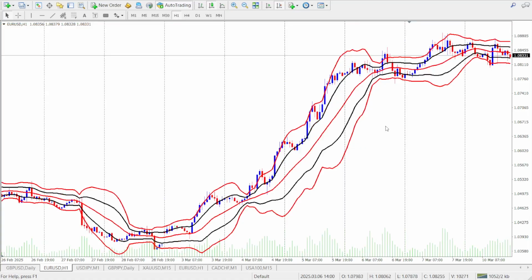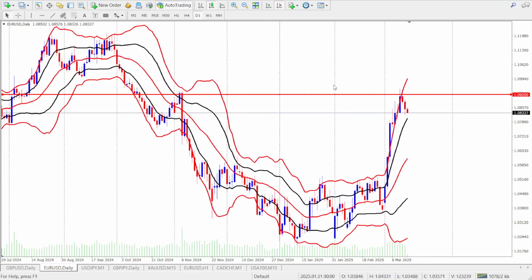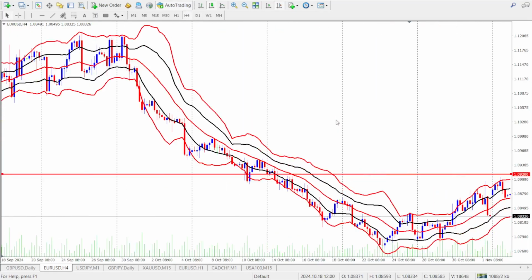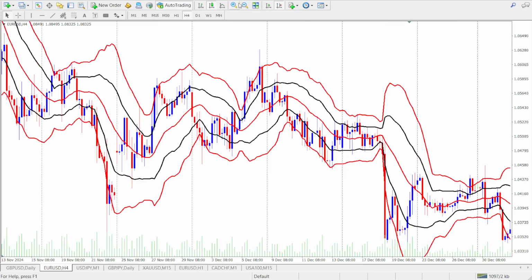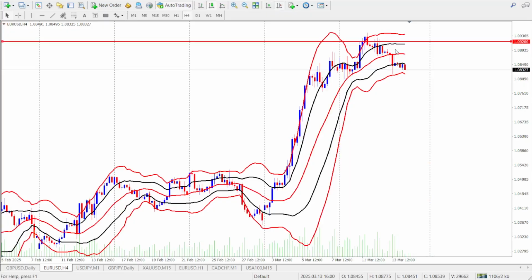You can use this strategy on any time frame, but remember that the higher the time frame, the stronger the signals, and it is always good to get the overall view of the market. Find out the overall trend on the higher time frame so that you trade in the direction of the trend. It's always good to trade in the direction of the overall trend.